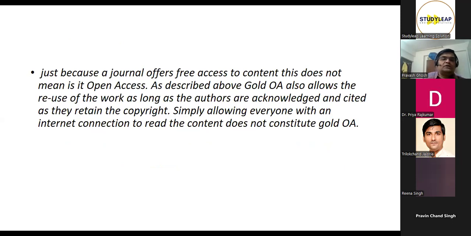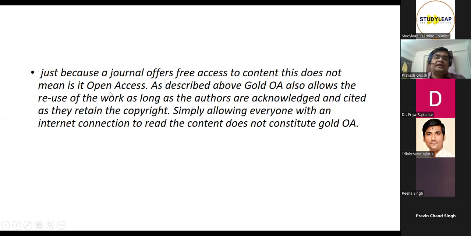So gold, so yeah. Just because it is very important, all of you please read these 5 lines. Just because a journal offers free access to content, this does not mean it is open access. As described above, gold open access allows the reuse of the work as long as the authors are acknowledged and cited.